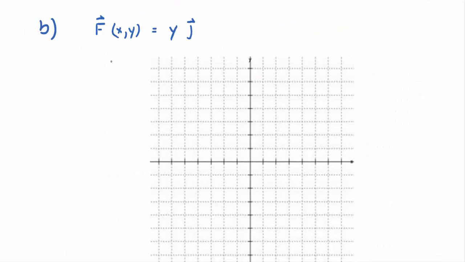Part B, here we have F of x, y equals y times j, which if you prefer component form, we could express as what? What components would this have? 0, y. So this one we have to think a little bit. If I made the input 2, 0, what's the vector?